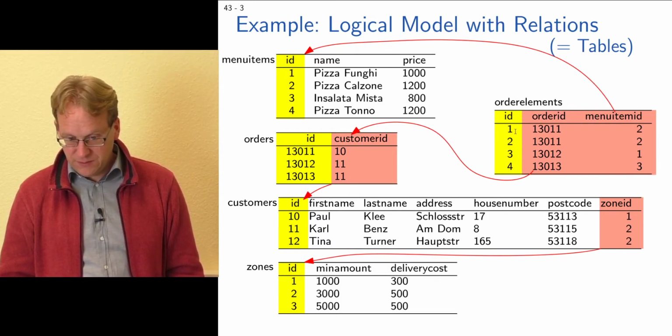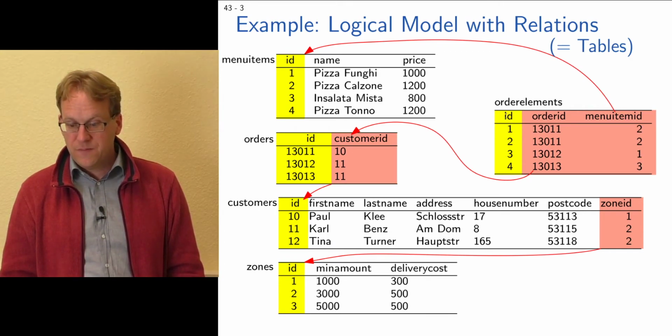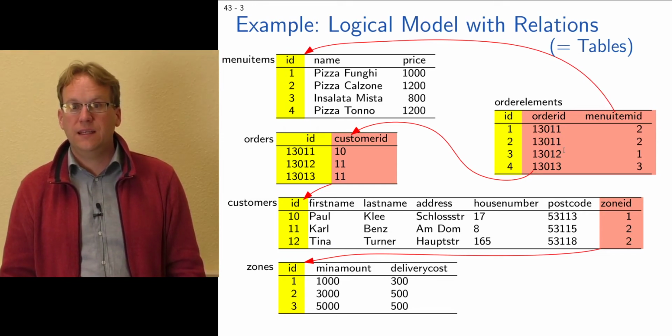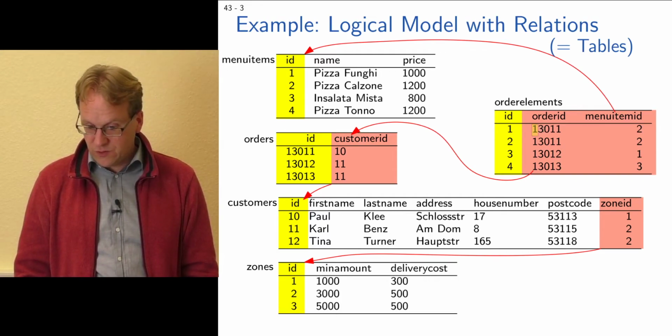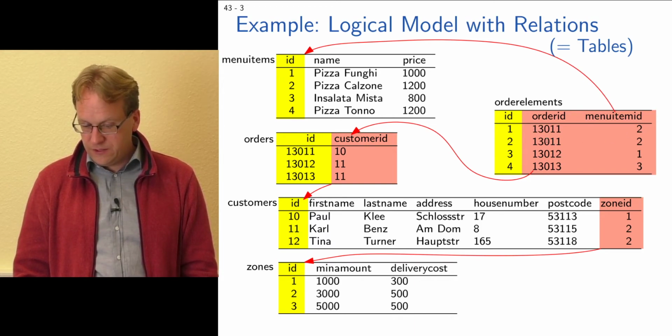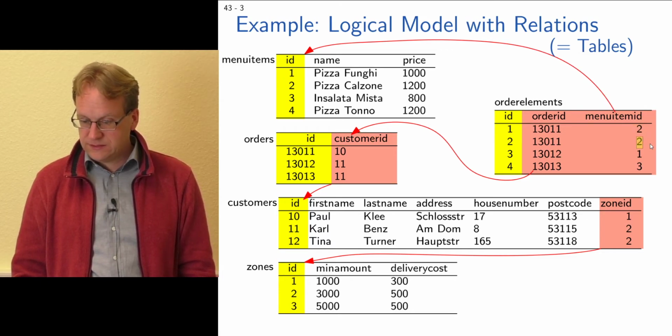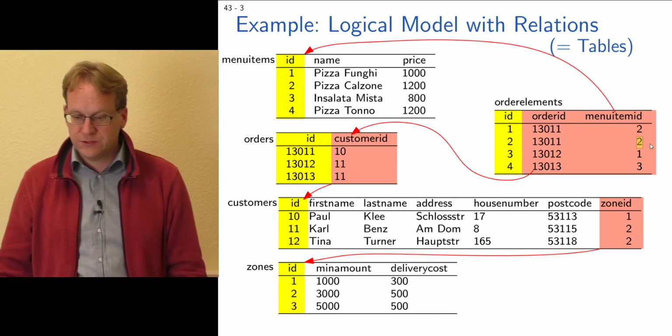And now we can see that this extra table also has a primary key to make every row distinguishable from every other row. And then we have these columns, order ID, menu item ID. So you see, if you look at all the rows with order ID 13011, there is twice this value 2.